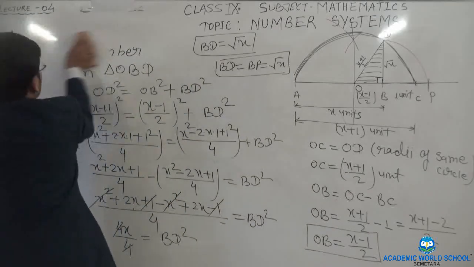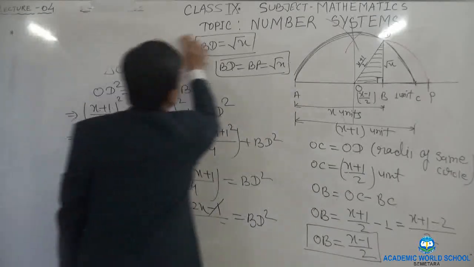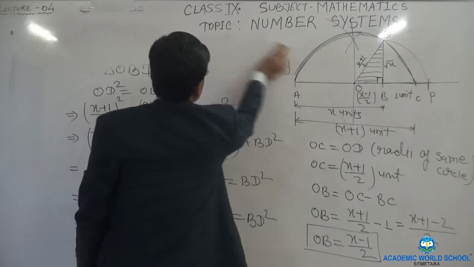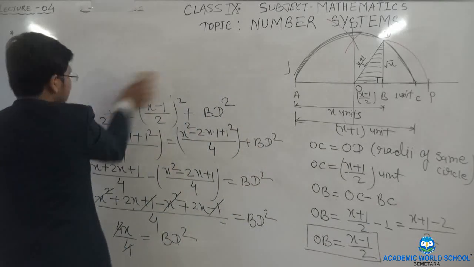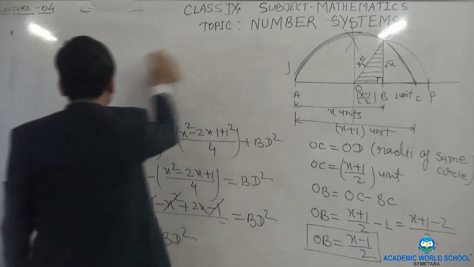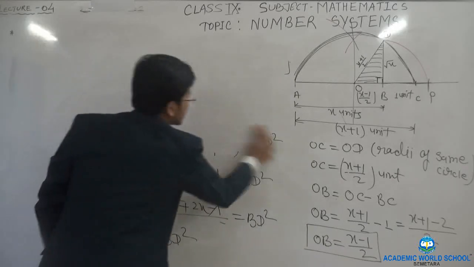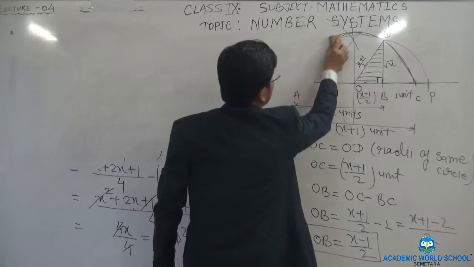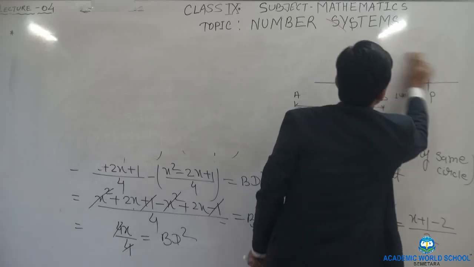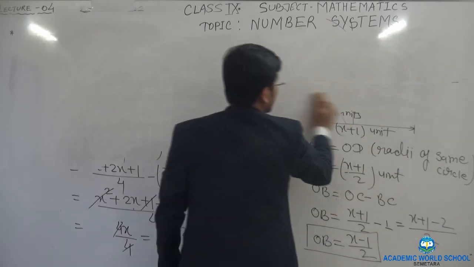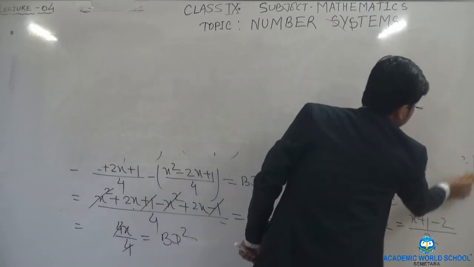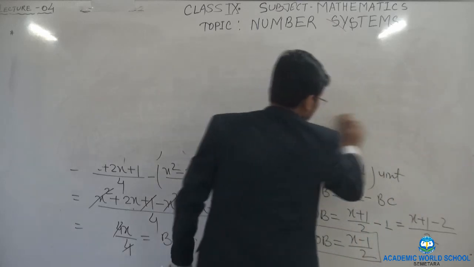Now I am going to take one very simple example. That is where I am going to represent 4.3, 4.5, 4.6, any number on the number line system. On the number line, we are going to represent any number.